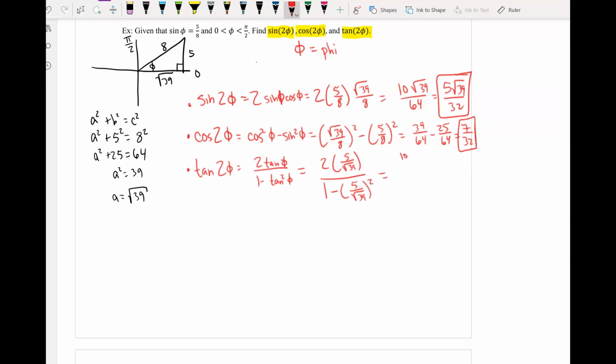So on the top, you're going to get 10 over square root of 39. I'm going to make the 1 into a 39 over 39. And this guy's just going to be 25 over 39. So this is going to be, let me write it down here, 10 over square root of 39 divided by, so I'm going to take 39, subtract the 25, that's going to give me that 14 over 39.